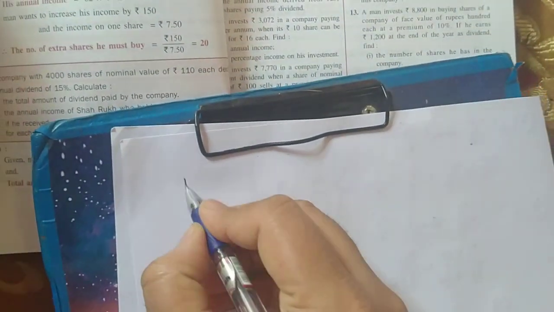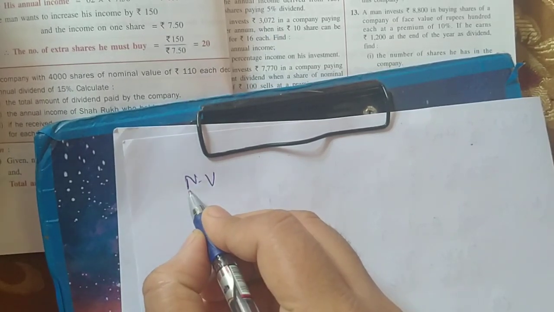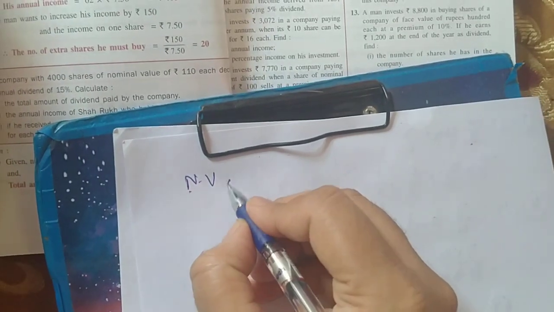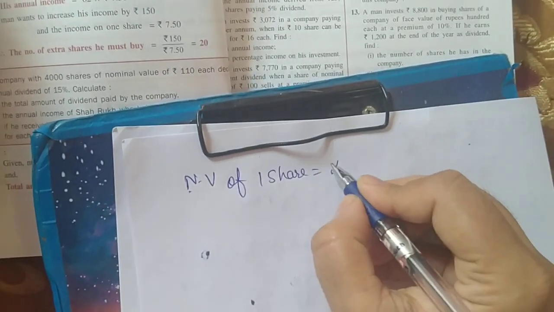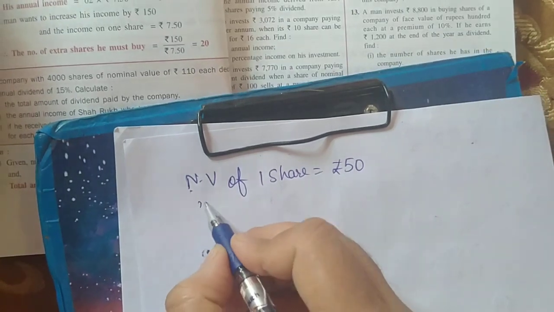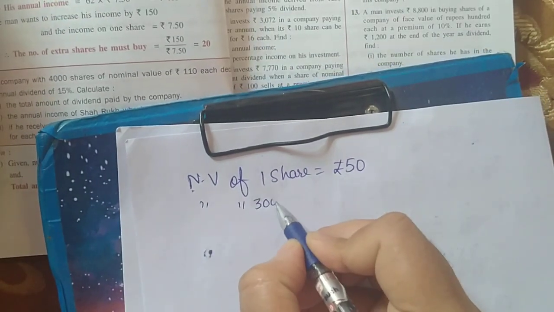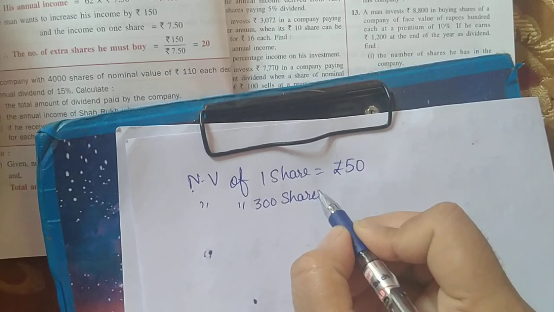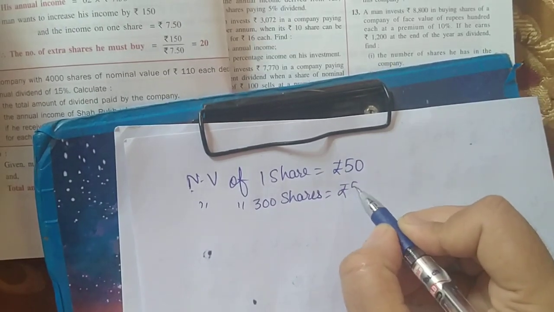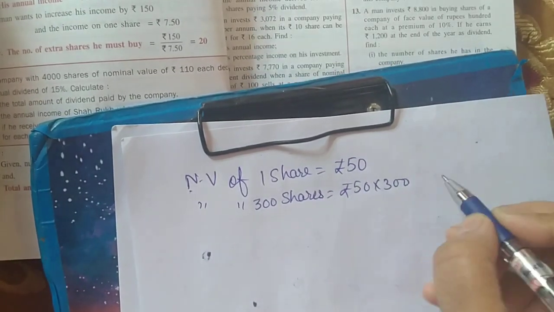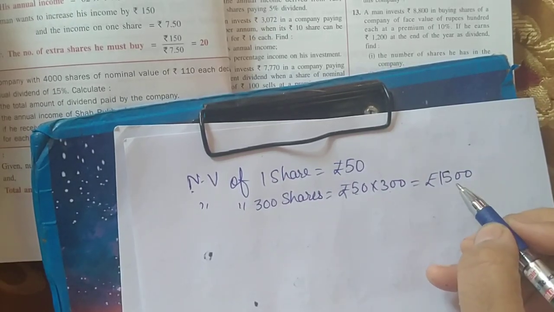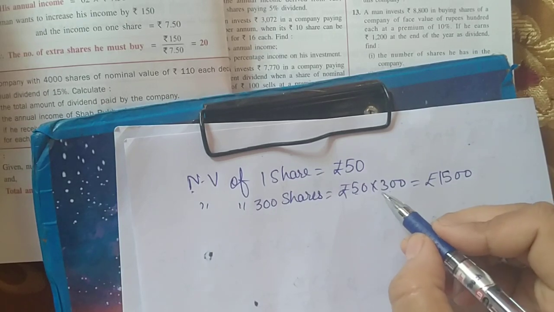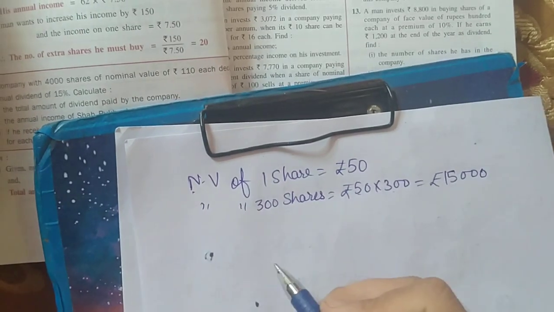You will write: nominal value, NV, of one share is equal to rupees 50. Then the nominal value of 300 shares will be equal to 50 rupees multiplied by 300. 3 5s are 15, 1500, and 3 zeros make 15,000.